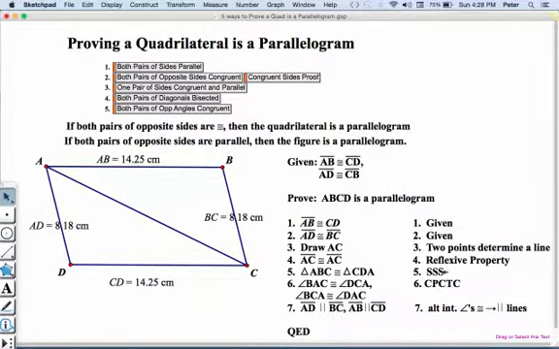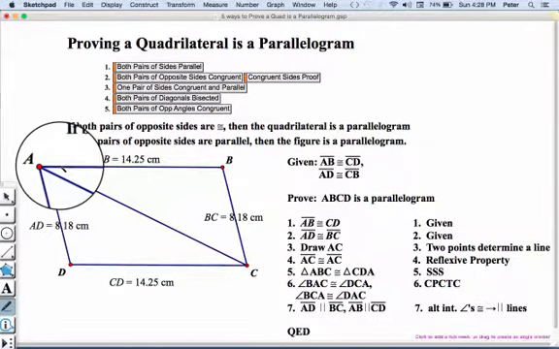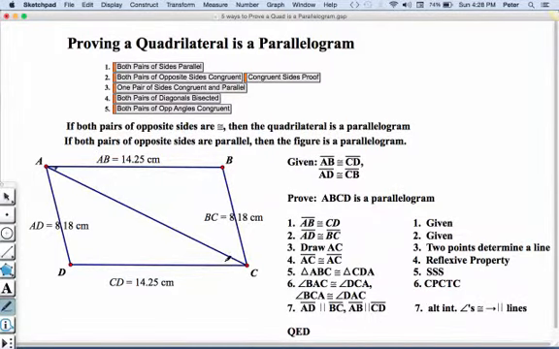Now notice, you have to be careful that you have the proper correspondence of the angles in the right order. So triangle ABC is congruent to triangle CDA, and that sets us up with the next 2 congruencies by CPCTC. Angle BAC up here is congruent to angle DCA down in the lower corner.